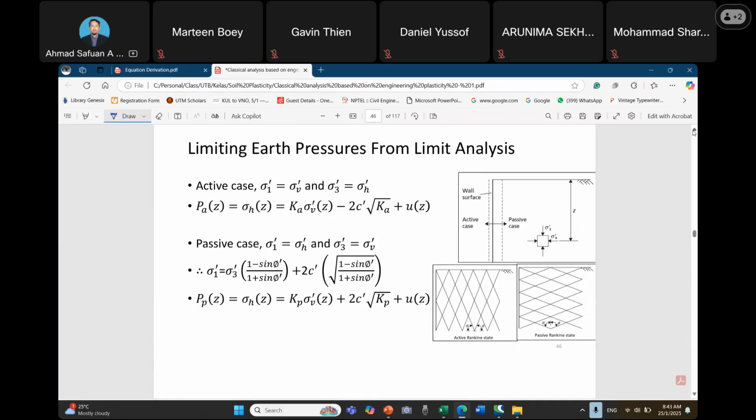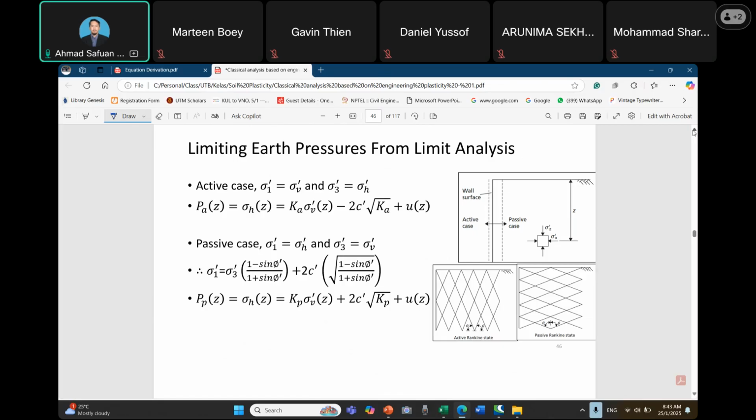That is the derivation for tangent squared of 45 minus phi over 2 equals 1 minus sine phi over 1 plus sine phi.